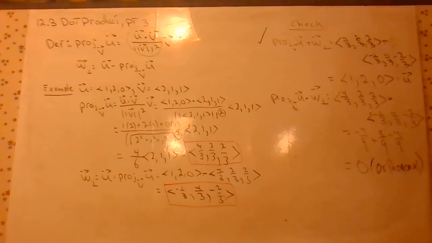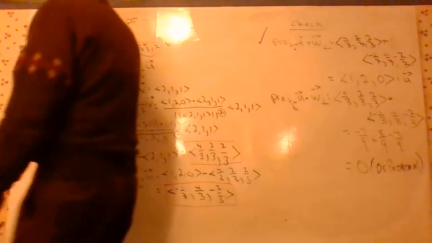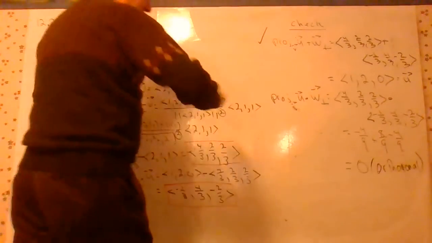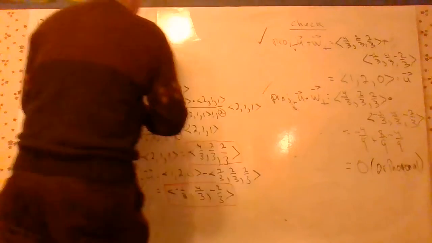Okay, now let's have a look at what that means. Geometrically, we saw that it was perpendicular. That, by the way, is a check. You should get 0 there.